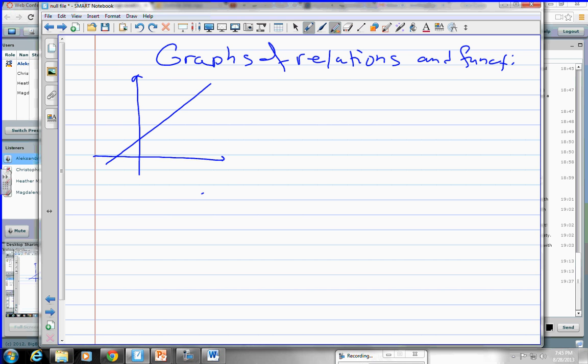So a straight line is a set of ordered pairs that is a relation. Now, is this relation a function? So basically, you're looking for, are there any 2 different ordered pairs that share the same x value? And the answer is no. So it's good. It's a function. So yes, it is a function. No 2 ordered pairs share the same x value.